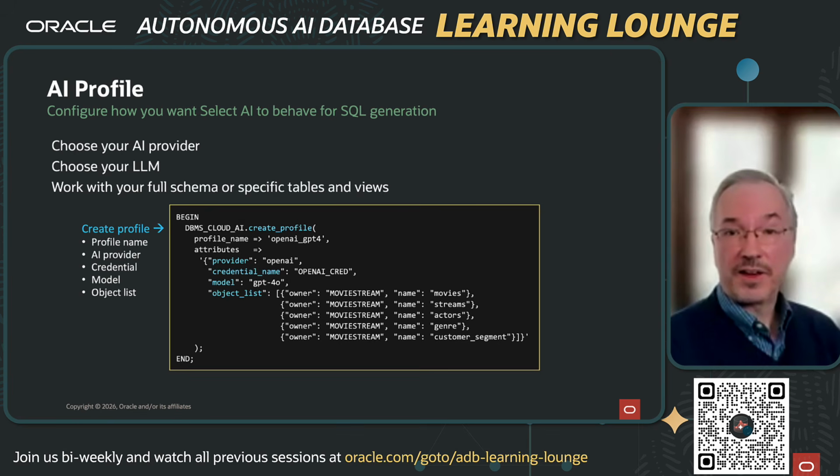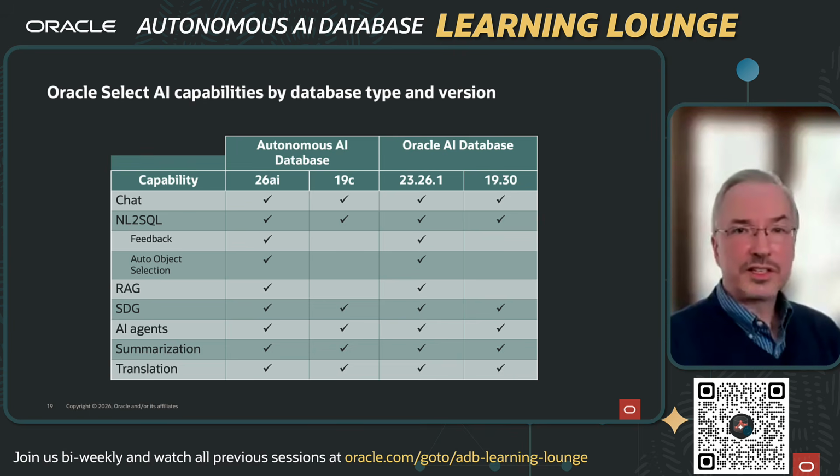Users can specify various settings to affect Select AI and AI model behavior, as well as work with property graphs for NL-to-SQL graph queries, vector indexes for RAG, AI agent use, or just basic chat interaction with your LLM. Now, here's a summary of the main capabilities available by database type and version, since that's usually a popular question.